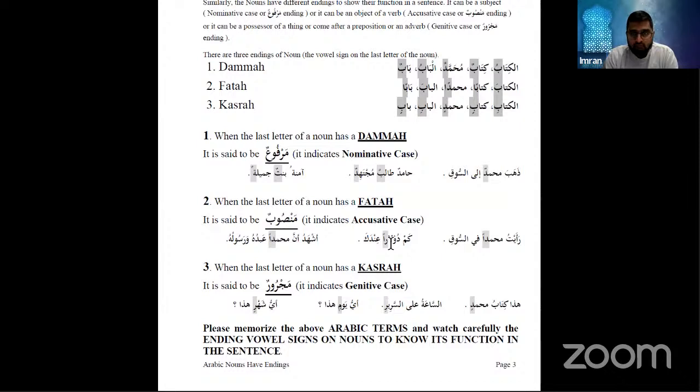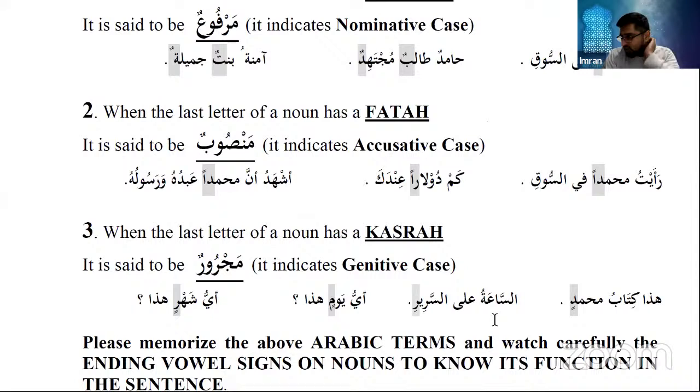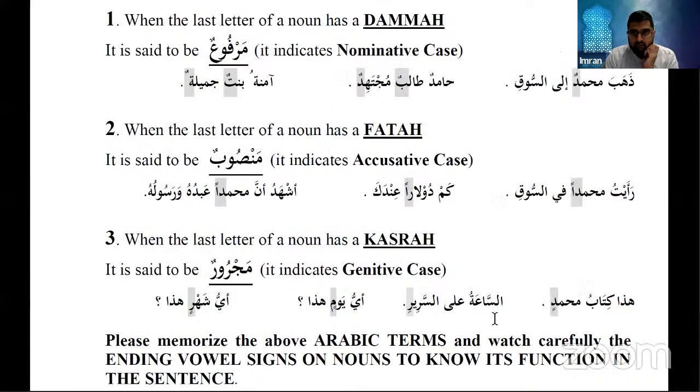Kam dular indaka, how many dollars do you have? And then when it has a kasra, it's called majrur. It is called the genitive case. So, for example, as-sa'atu ala sariri, the watch is on the bed.